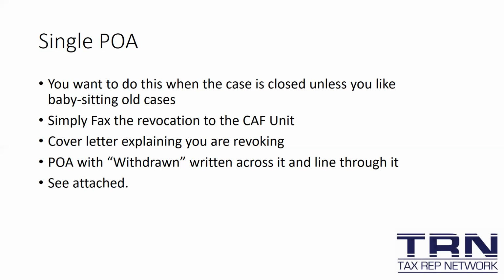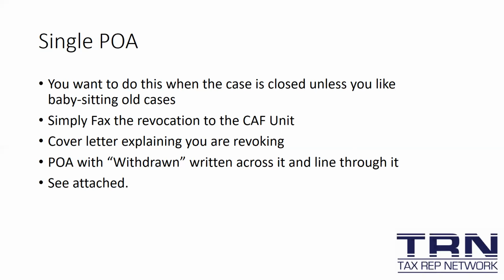What you're going to do is send a fax to the CAF unit. The same way you got your power of attorney on, you do the same thing to get it off. You do a cover letter explaining that you're revoking power of attorney. If you're in the current office where everyone on the POA is, we have everybody sign. Often Jeff and I will put each other on each other's cases as backup.